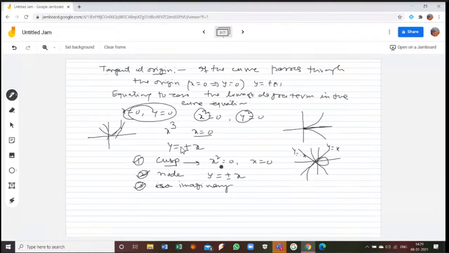But if there is a double tangent at the origin, then there will be a cusp. Double tangent means there will be branches at the origin taking x-axis or y-axis as a tangent. And similarly, if there are 2 tangents, real and distinct, then there is a node at the origin.